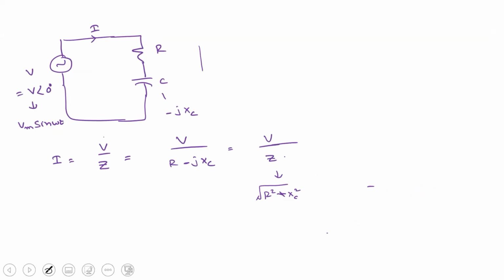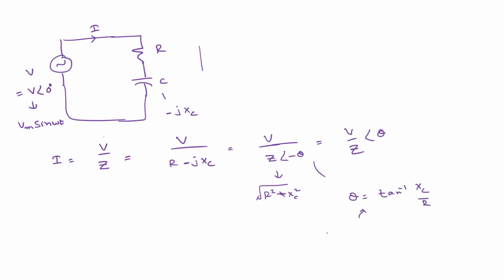So this is Z at an angle minus theta, right? So this will be V by Z at an angle plus theta. This theta is tan inverse XC by R. Here, since we have a minus sign for the capacitance, this is negative.